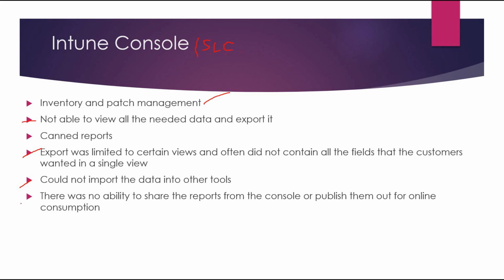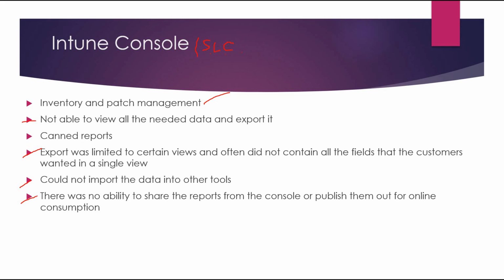And then we didn't have the option of sharing the reports from the console and publishing them online. So right now, for example, we have an option of integrating Intune with Power BI. And once that is done, then we have an option of publishing that report online. So let's just say there is another admin who wishes to see that report.